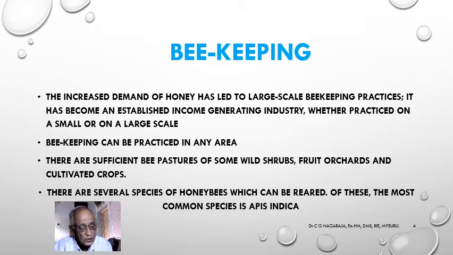There are several species of honeybees which can be reared, but of these, the most important and common species in our country is called Apis indica. As the name indicates, Apis indica is a species of honeybee that is seen in India.